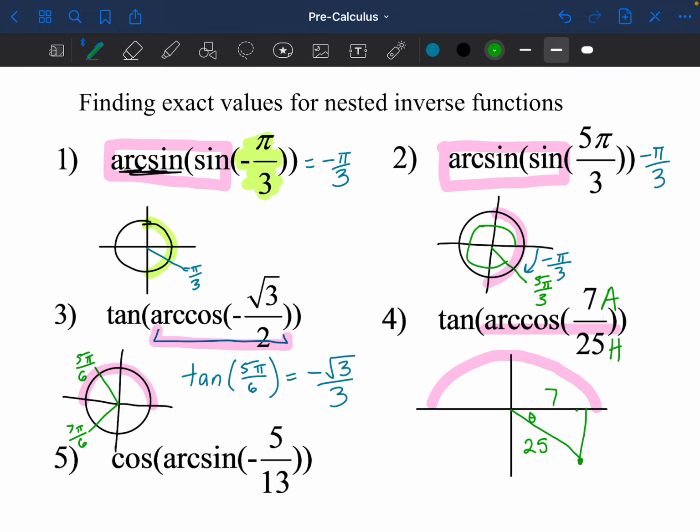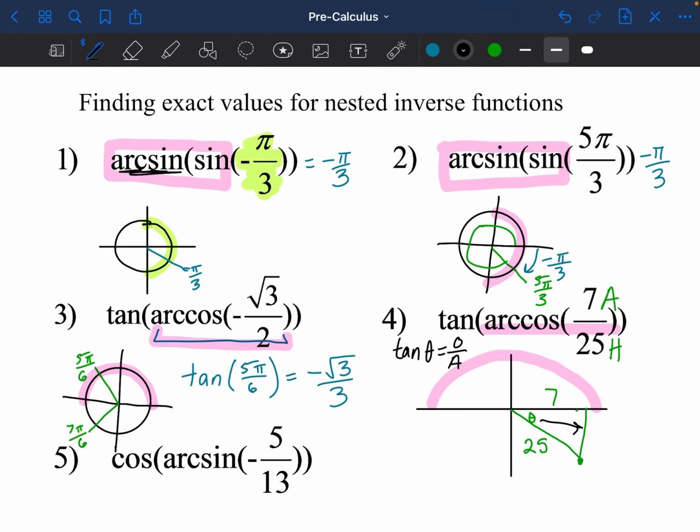Well, our goal is to find the tangent. I can't figure out what theta is, but I can figure out what the tangent is given the information in this triangle. Tangent theta, remember, is equal to opposite over adjacent. So all we need is this opposite side over here, then we can find the tangent.